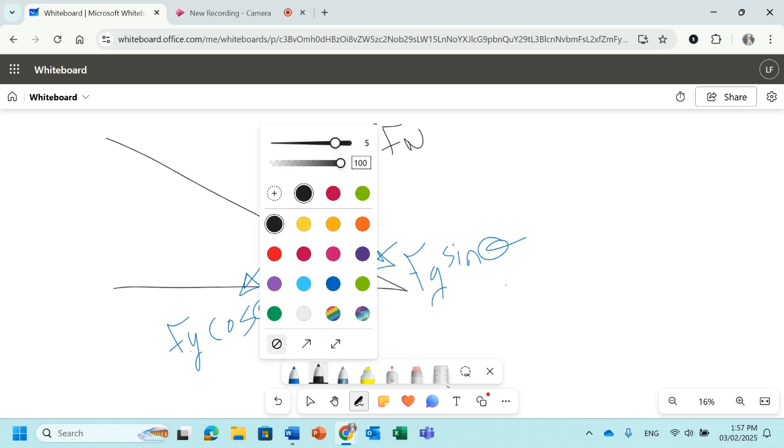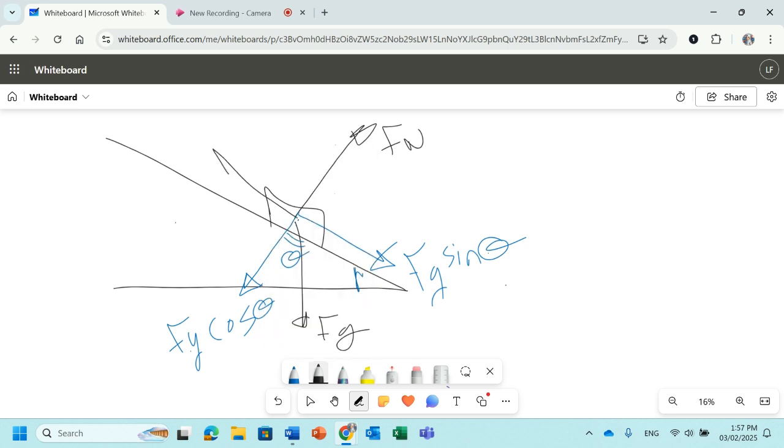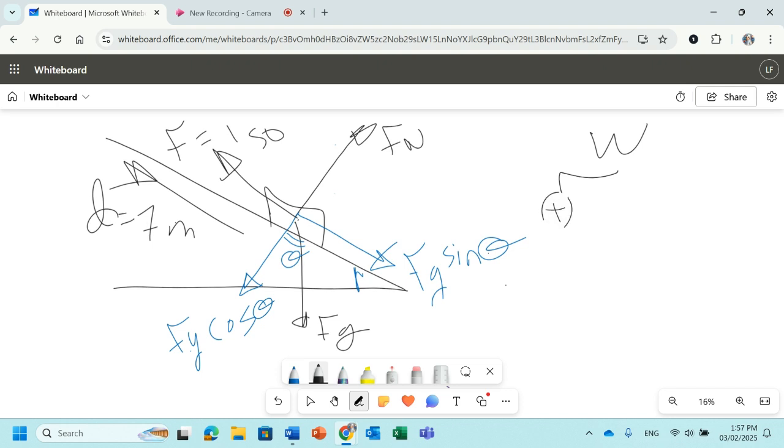Don't forget we have the applied force F, 150, and the direction of motion, direction of displacement, is up 7 meters. Now work could be positive, negative or zero.